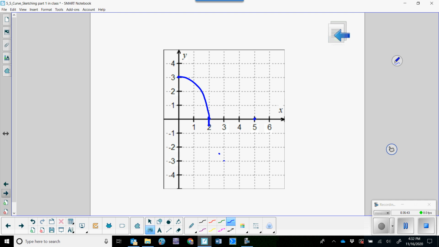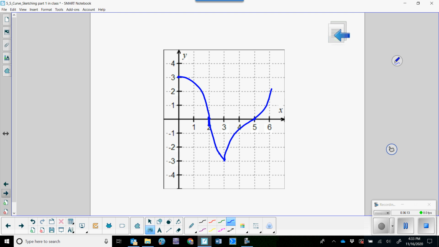Let me draw that a little better. There we go. And then from 3 to 4, we're supposed to be increasing but concave down until we get to 5. And then at 5, we change to concave up and still increasing. So we just do this.